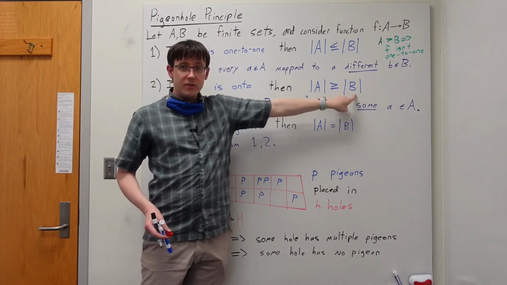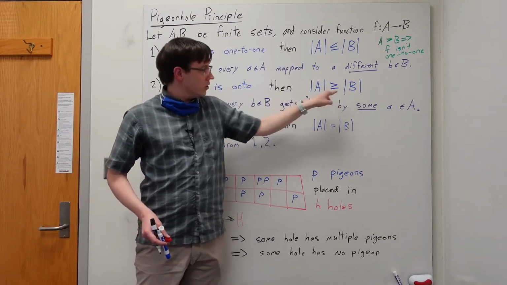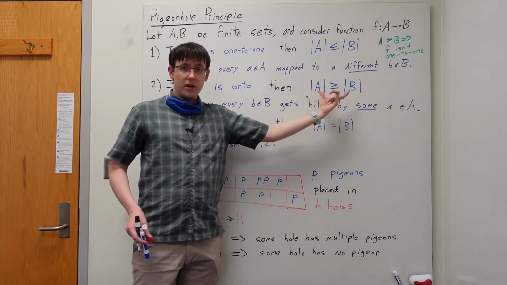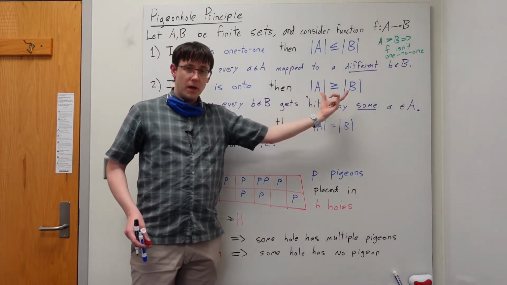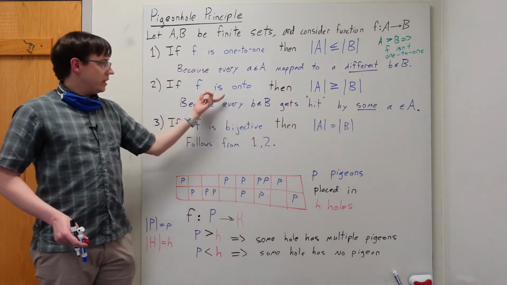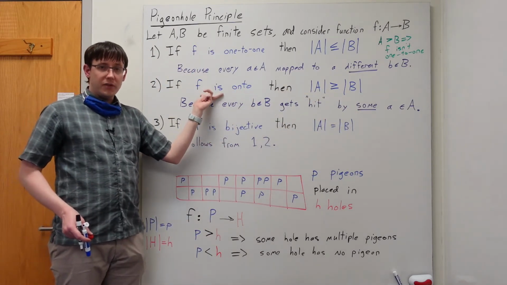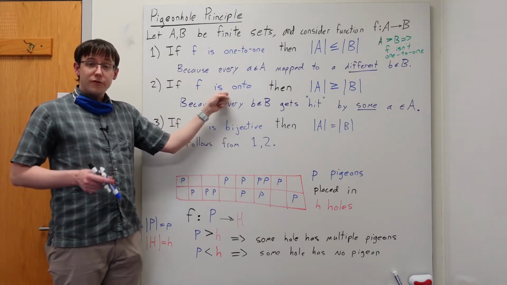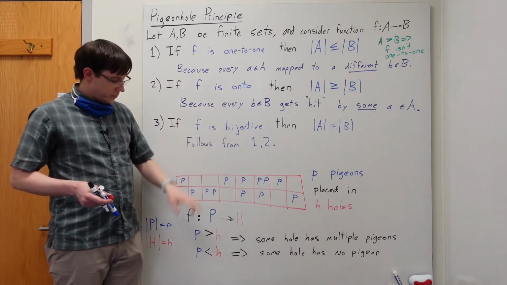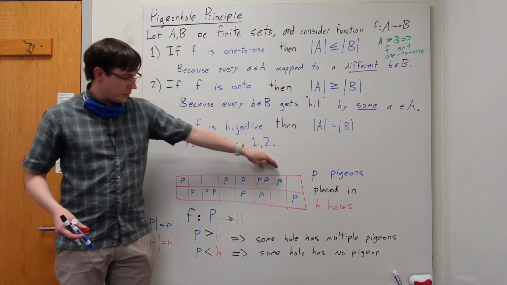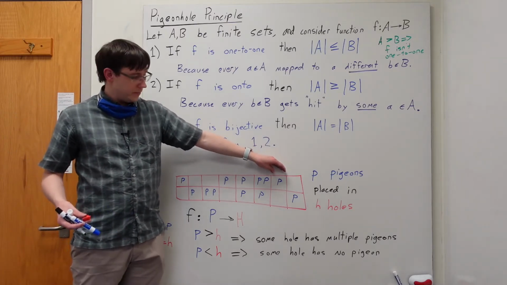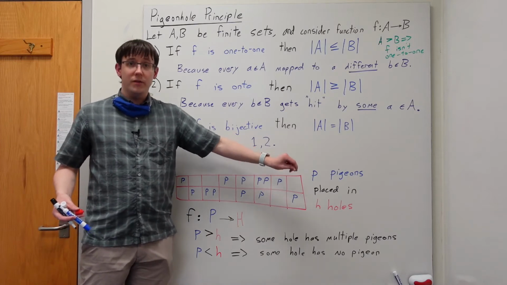If the size of the output set is larger than the size of the input set, that's the negation of this conclusion, that implies the negation of the hypothesis. So that means that the function is not onto, meaning that there are some possible outputs that are not hit by the function, so there's some hole that doesn't get a pigeon.